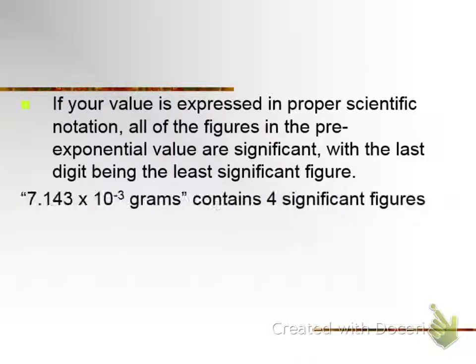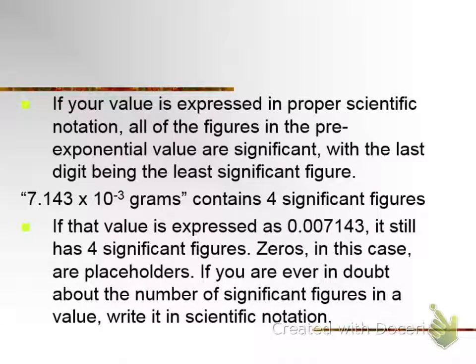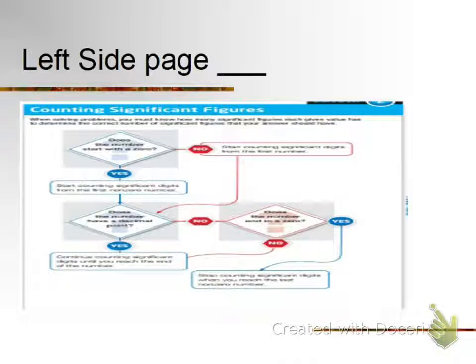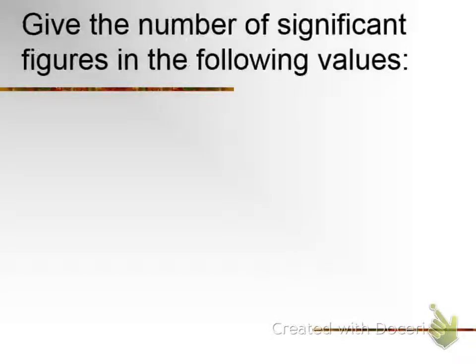So you have to include the significant figures when you're putting it in scientific notation. So there's an example there. Because 7143 is significant, you have to include it when you write it in scientific notation. That's the flow chart, but I didn't print it out for you guys, I'm sorry.